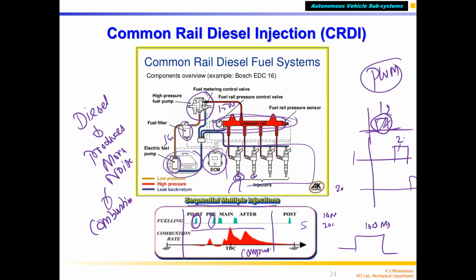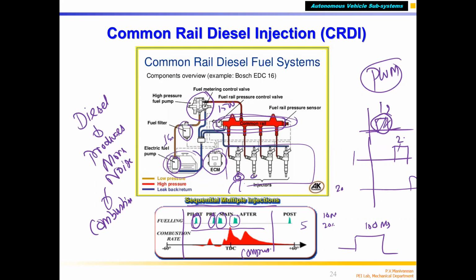The combustion noise reduces. Then you inject the main fuel, maybe for example 50% or 60%, as the third pulse. After that you inject another 30% as after-injection, when the piston is going down during the power stroke.